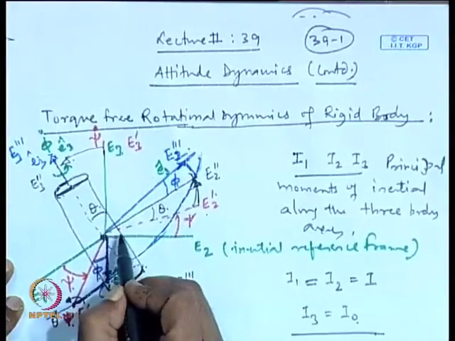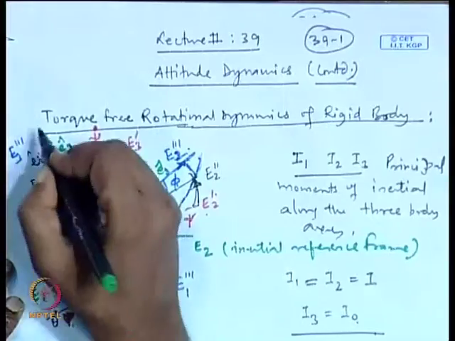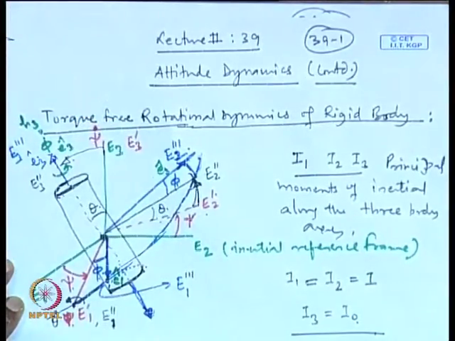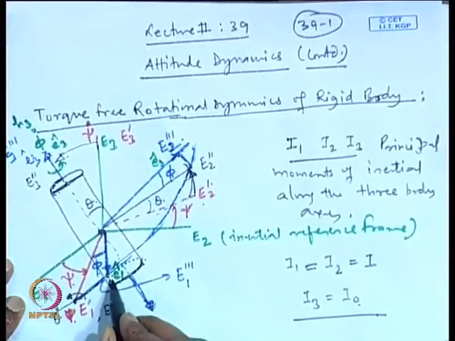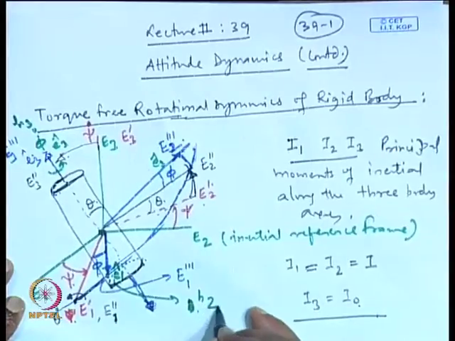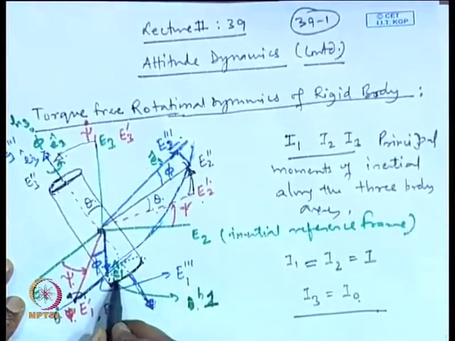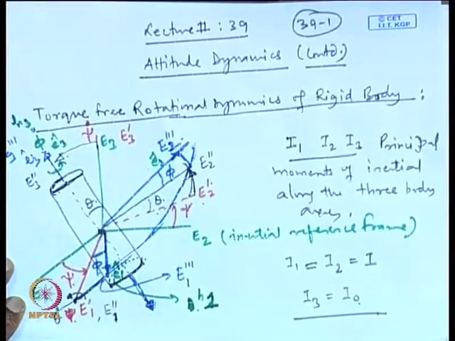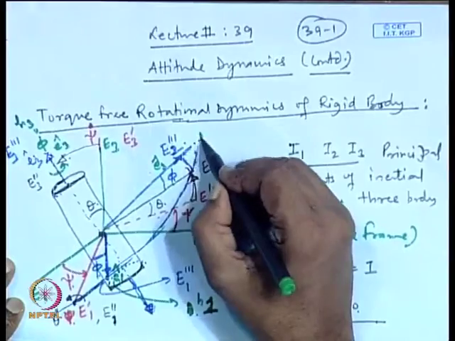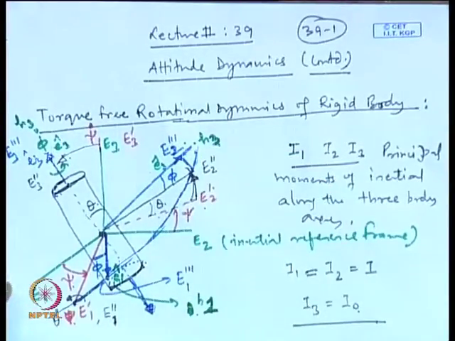So, the angular momentum vector, its components can be taken in the body reference frame as h 3 and the another one is here in this place. So, here we indicate this as h 2, h 1, this is h 1, the body x 1 sorry, and here in this direction we have h 3.